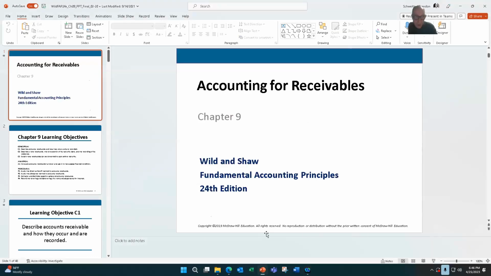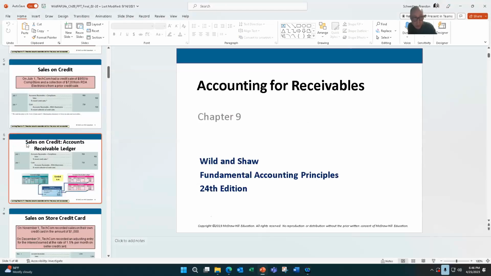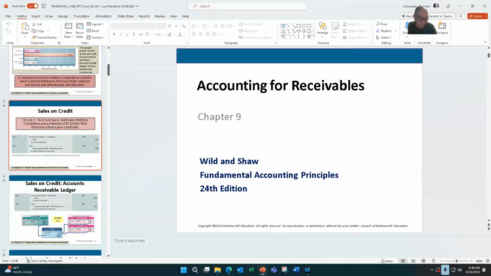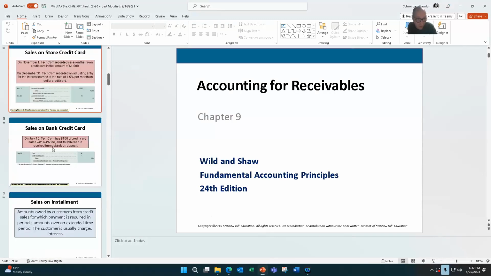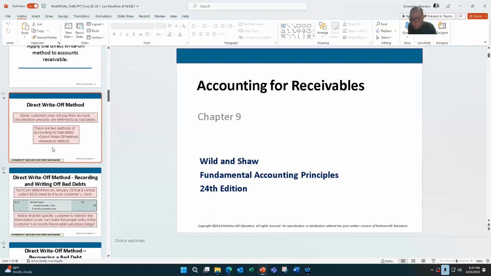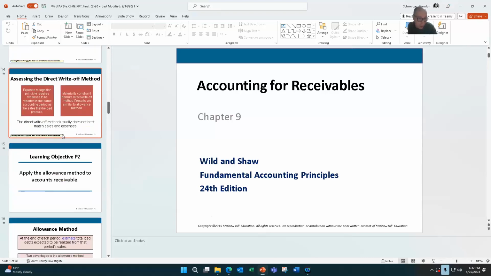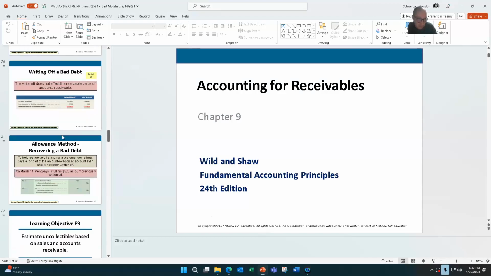So I can come into my chapter 9 PowerPoint or my notes, or whatever you use to help you out throughout the course. Your book, of course, is open. Accounts receivable turnover.